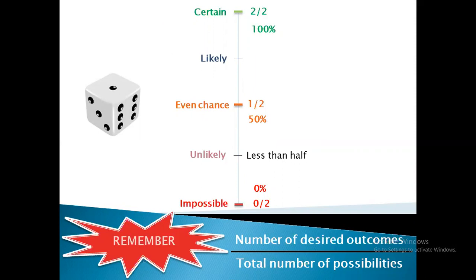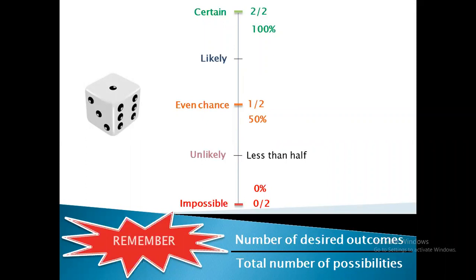It doesn't have to be close to certain, even if it's just a little bit more than the half. For example, we agreed that 5 over 10 is a half. If it becomes 6 over 10, well, that is more than the half. The half is exactly 5 over 10. 6 over 10 is going to be likely.